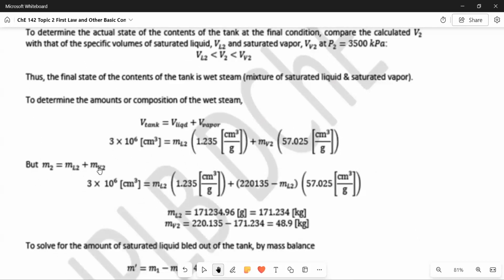But we know that the total mass M2 is the sum of the saturated liquid and saturated vapor masses. So since we know M2, we can substitute, and that would leave us with one unknown. So we are able to solve the masses of the liquid and vapor at state 2.